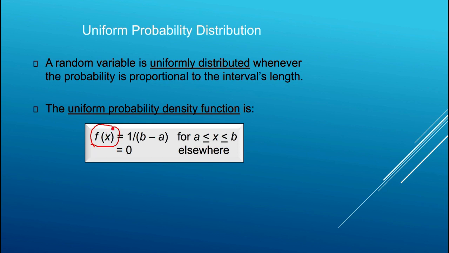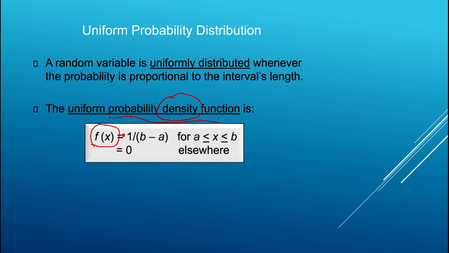To distinguish a probability function for a discrete random variable from the same type of function for a continuous random variable, which we call a probability density function, we continue to use f of x as the probability density function, but we call it a density function rather than just a probability function. The word density basically tells us that what we're dealing with here is a continuous random variable.